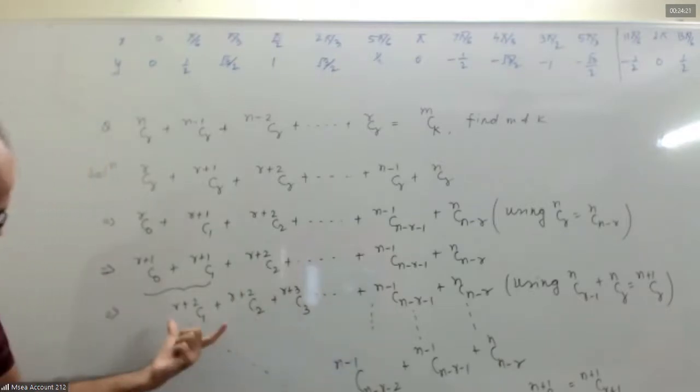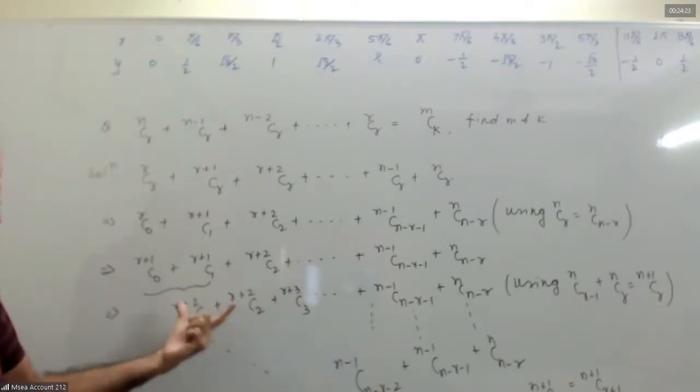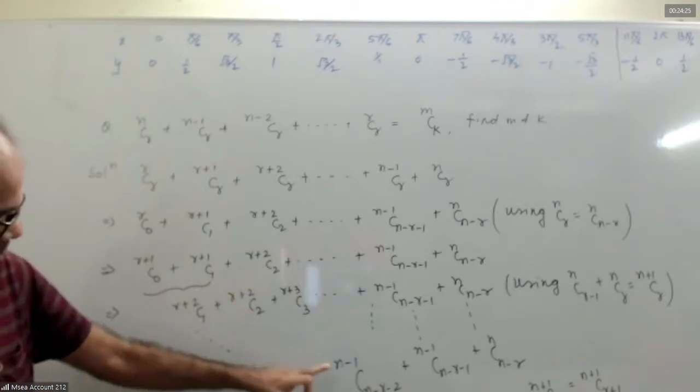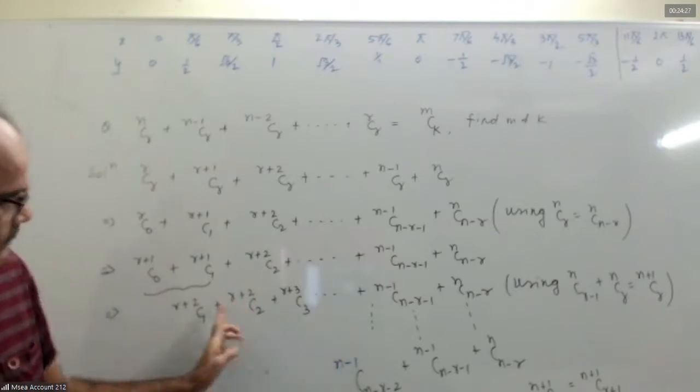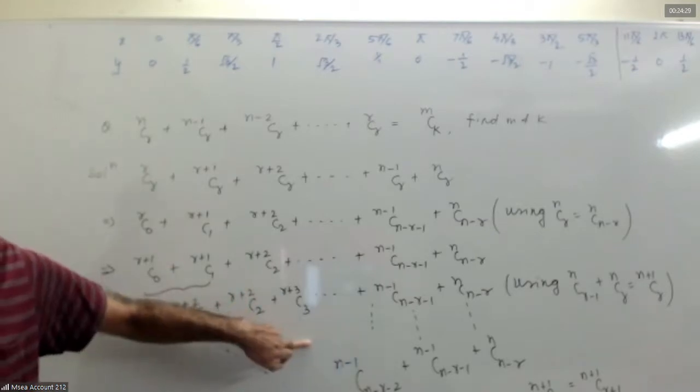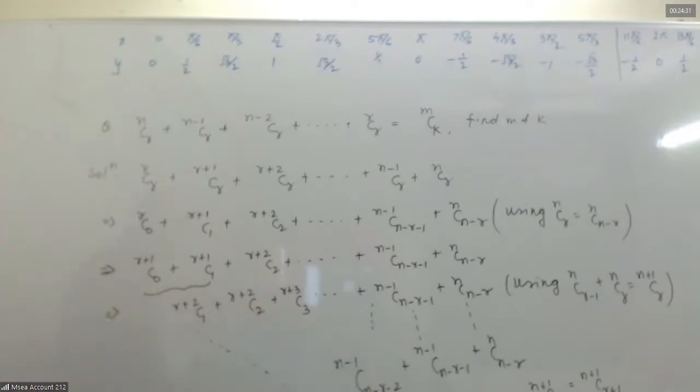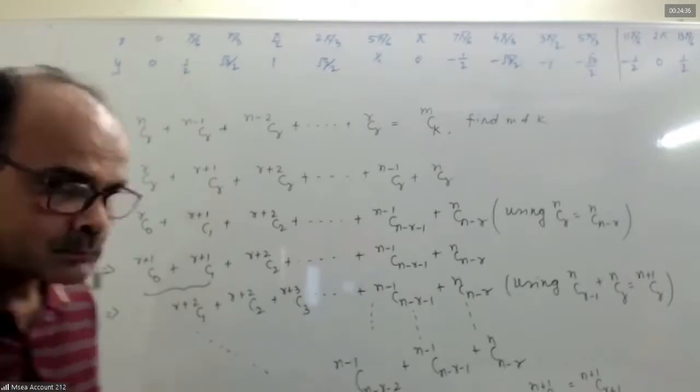Just compare. If you merge these two terms, what is the relation between this number and this number with the next number? After that, you will be able to write this. Sir, can you move the camera somewhat downwards?